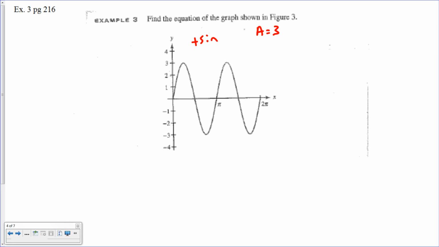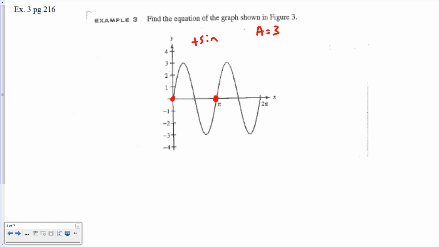My A is going to equal 3. The other thing that's different is it completes one cycle right there. And so I know that the period is going to be pi and not 2 pi.